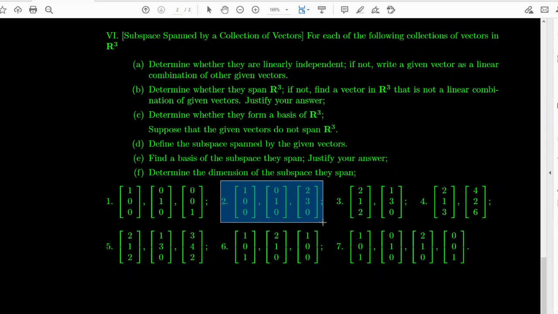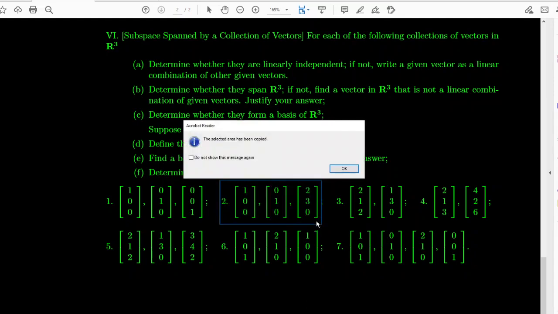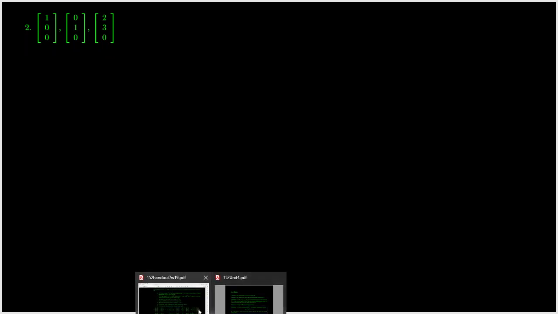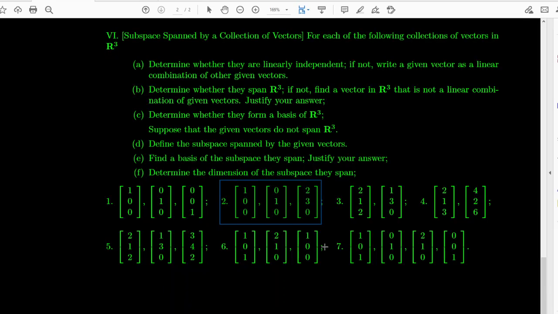On the final, there will be a long question, so something like this. For a collection of vectors in R3, I'm going to ask you all the questions on the final exam. Of course, on the final, you are going to have a different set of vectors. Probably I do not have enough space to copy all the questions.